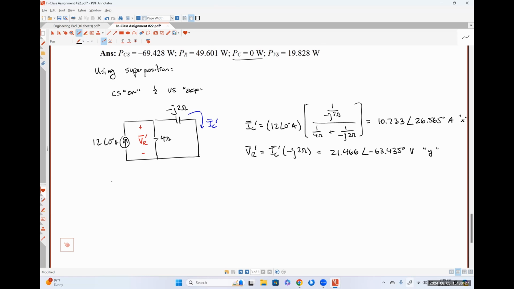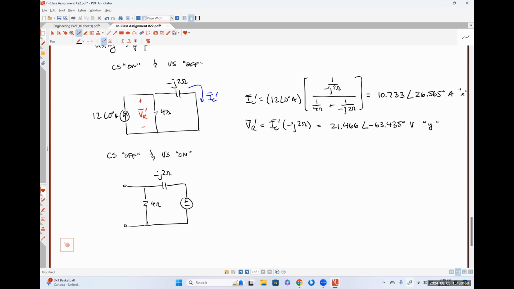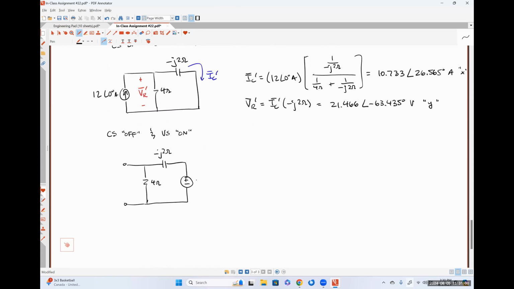So from here then, let's go to current source off and voltage source on. So with our current source off, it's just going to look like an open circuit. Here is our 4 ohm resistor, minus J2 ohm capacitance. I need to scroll up and look at what this is. 4 angle 30.